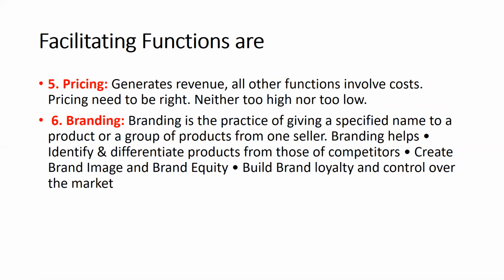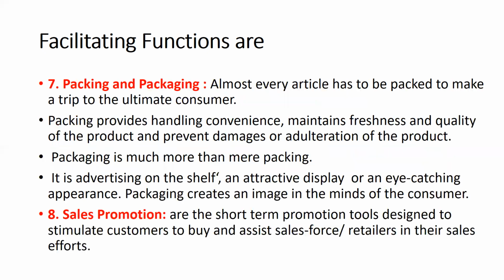Branding is the practice of giving a specified name to a product or a group of products from one seller. Branding helps identify and differentiate products from those of the competitors. It creates brand image and brand equity and also helps in building brand loyalty and control over the market.